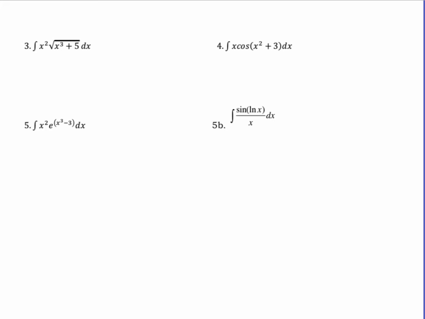Okay, so next, let's try a couple other examples. So here you're going to let u equal the thing under the radical sign. Okay, so then du equals 3x squared dx, so 1/3 du equals x squared dx. So I can replace the x squared dx with 1/3 du.